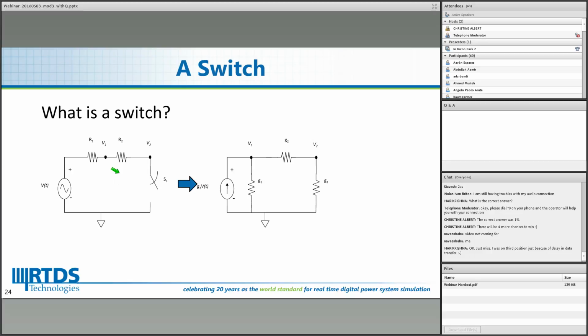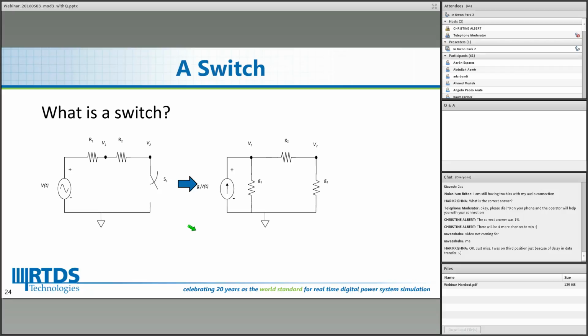Then again, our fundamental concern regarding power electronic simulation is the switch. How to model the switch is very important not only for offline simulators, but for real-time simulation as well. What is a switch? We can simply think of it as the combination of an on-state and an off-state.